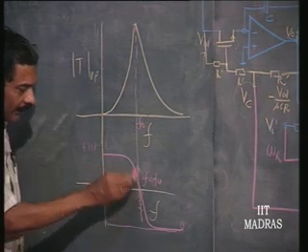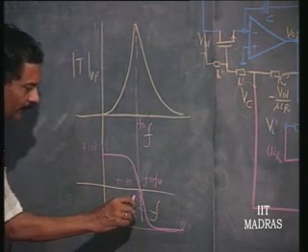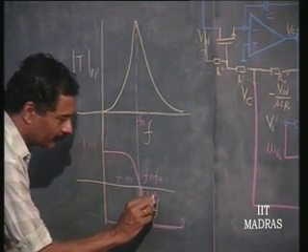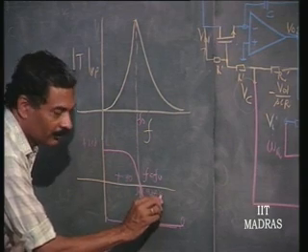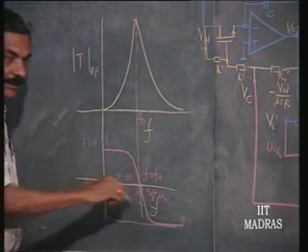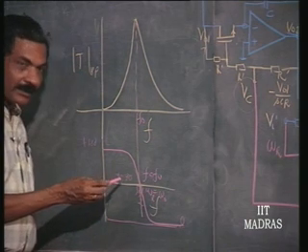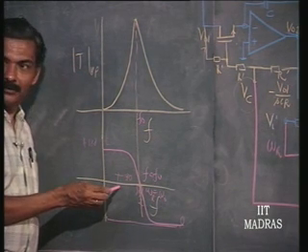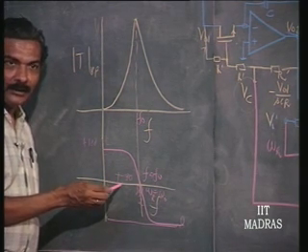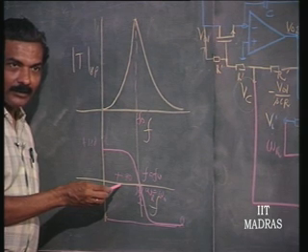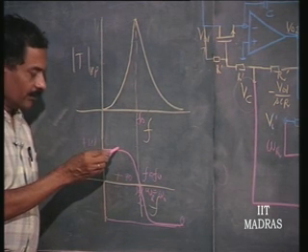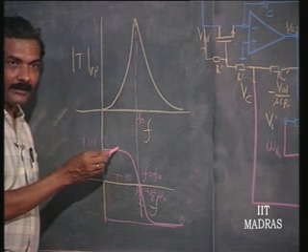If this is the nature of variation, at omega equal to omega r equal to omega naught, the phase shift is this. So, let us say omega r is less than omega naught, then the phase shift is closer to 180 degrees.